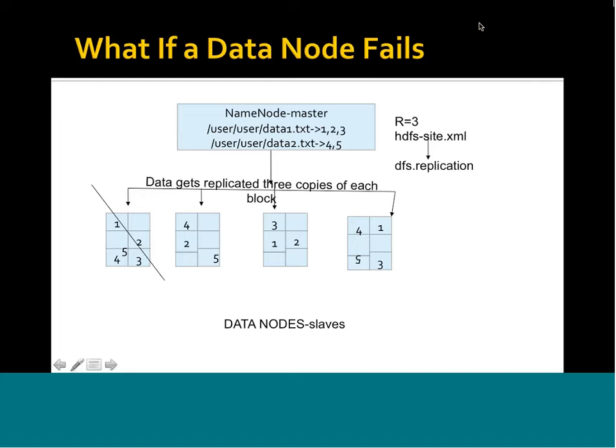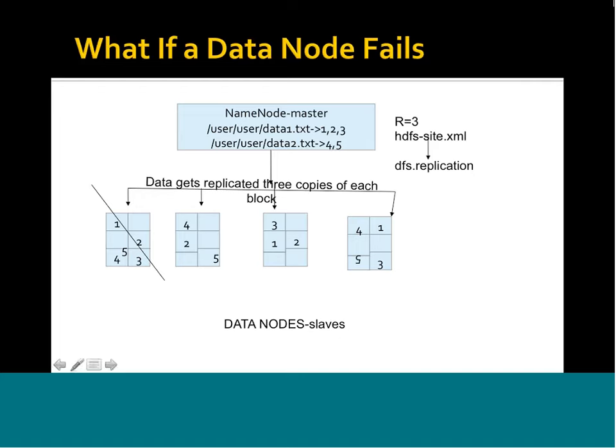Okay, and it depends on the failure scenarios also. So, for example, this is one scenario where your data is stored and you have R equal to 3, which is set up in hdfs-site.xml. Once this data is stored here, it maintains replicas, 1, 1, 1, right? If this fails, your 1 is already available here, right?